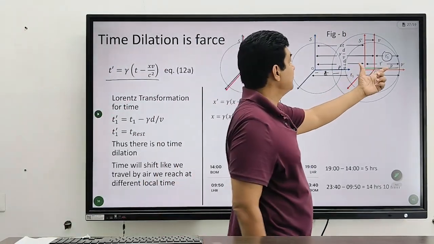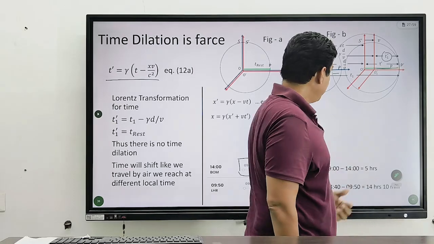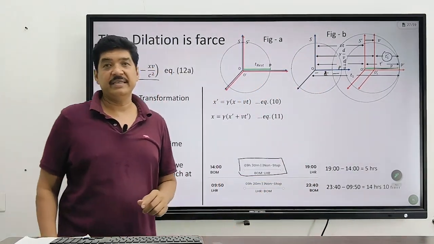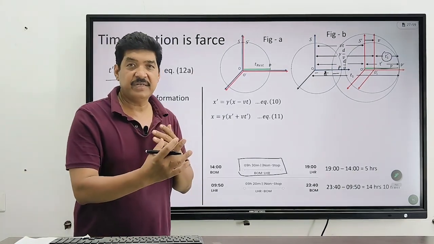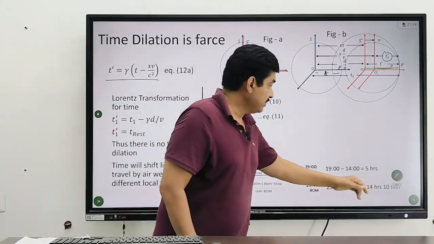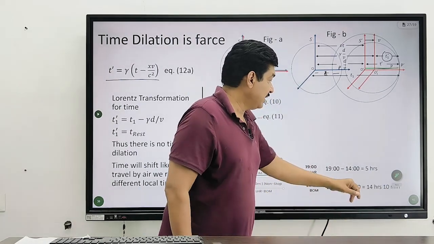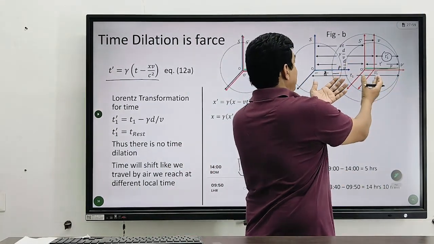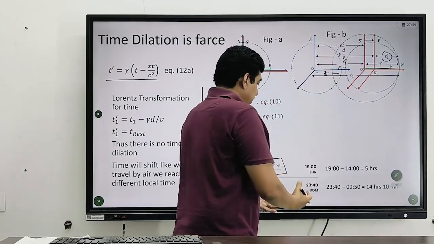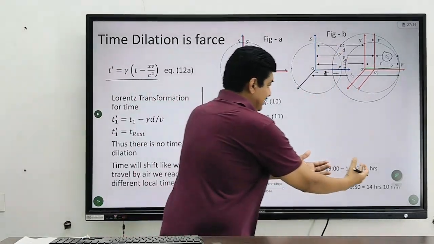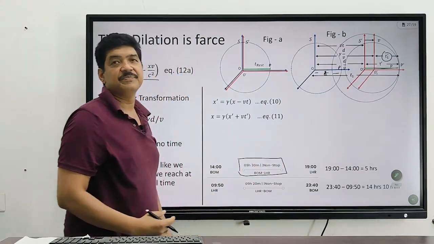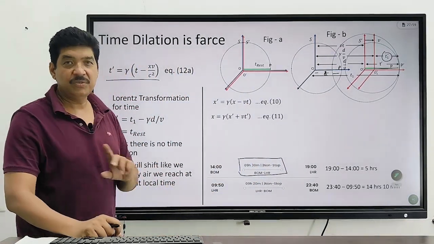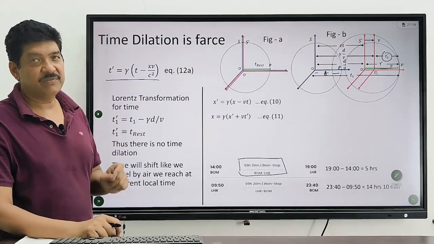The duration is the same, but because of the local time, the time has shifted. It has shifted to 14 hours, that is, it is increased. And when you compare from here to here, the time will decrease. It has shifted to this side. So this is a very good example. There is no time dilation, only a shifting of time.